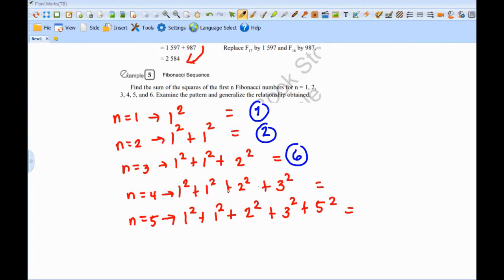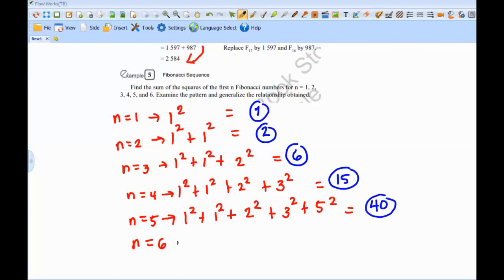That is 15. And then there's up to 6. 15 plus 25, what's the value? 40.